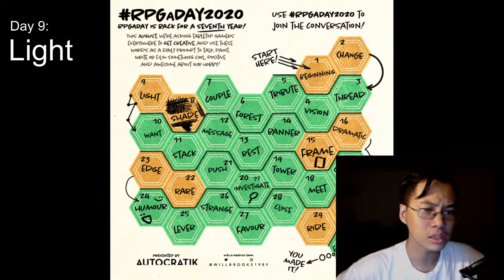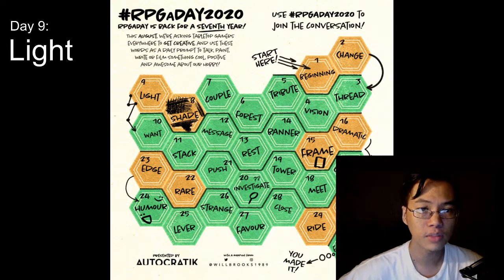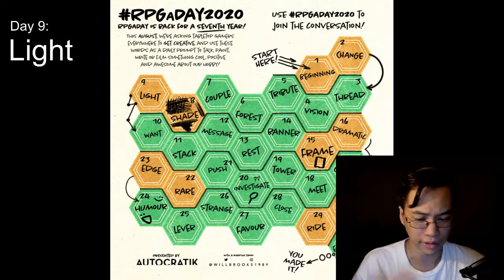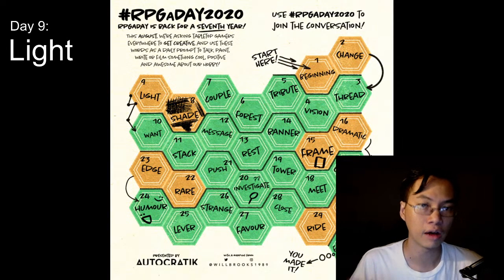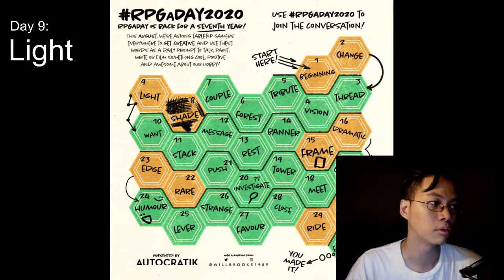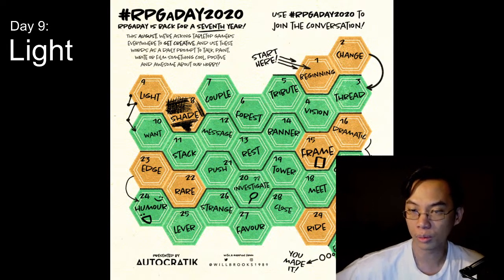So not much to talk about really, I think, to make a very light video, hopefully. This is generally all I can think of right now, but definitely interested to hear more thoughts about how light plays a role and how light can be manipulated or used in mechanics for role-playing games.